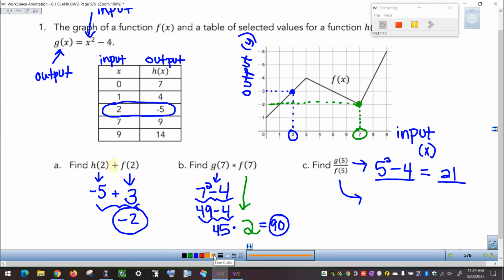All right, we have one more with the x function, which is over here on our graph. I want you to practice this one more time here. Go ahead and find and write down what you get. What is f of 5?